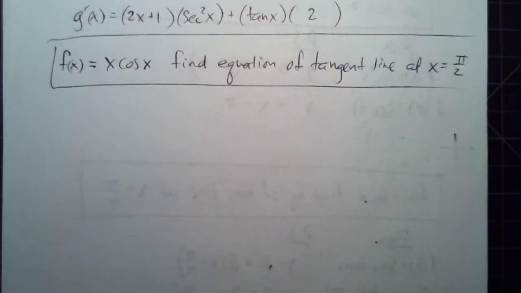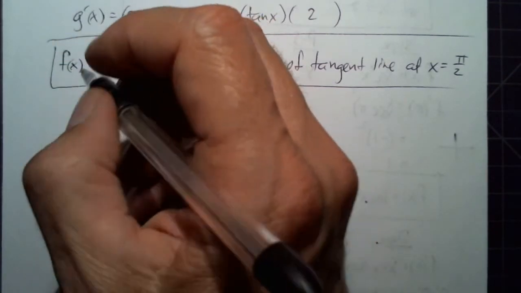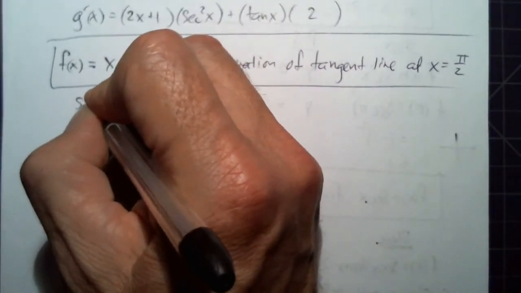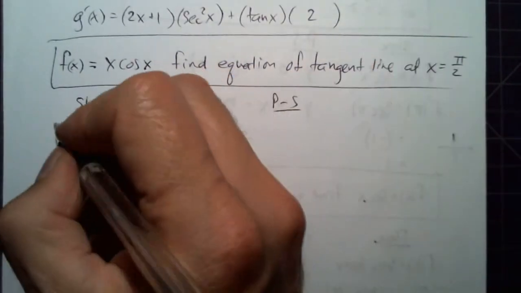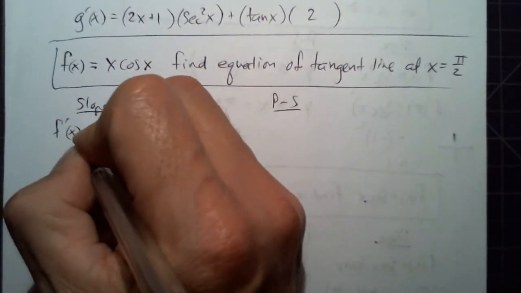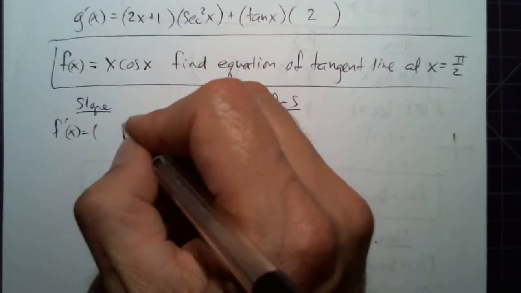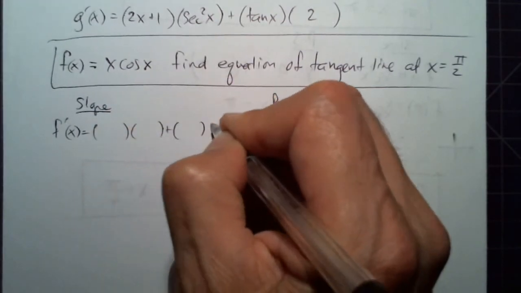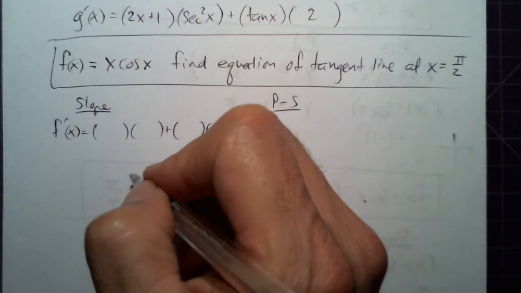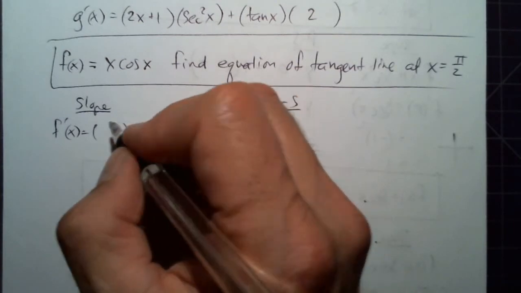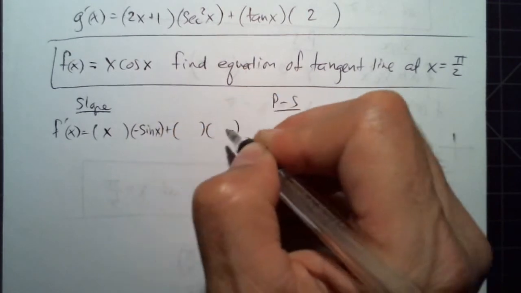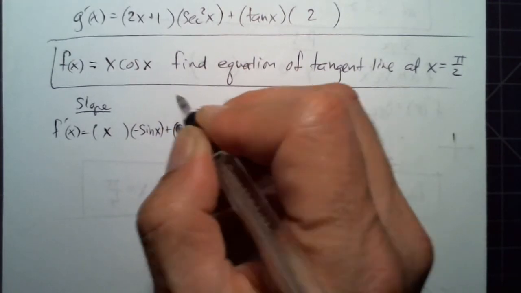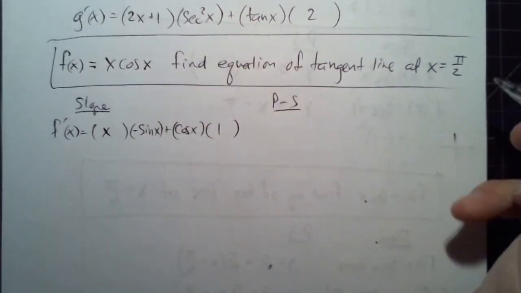And since we can find the derivative, now we can find the equation of the tangent line. So we have the slope and then point slope. Let's find the derivative of that. So that'll be the first times the derivative of the second plus the second times the derivative of the first.